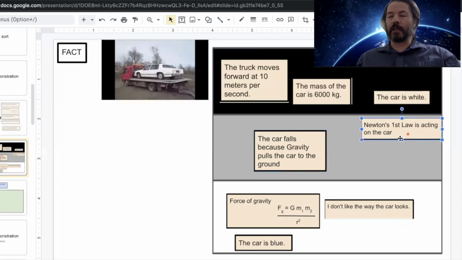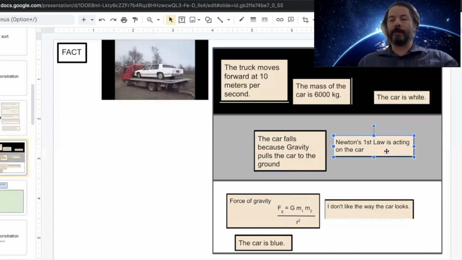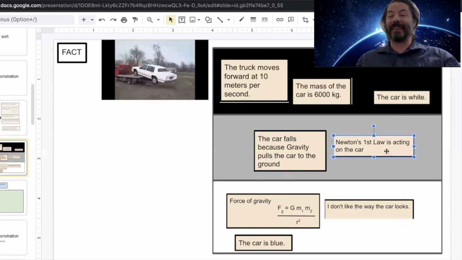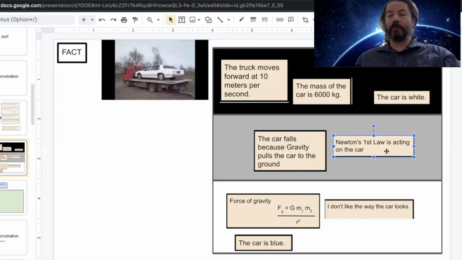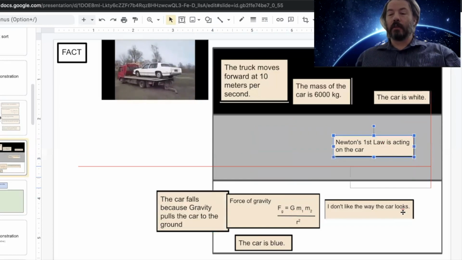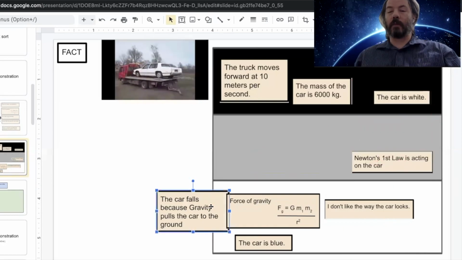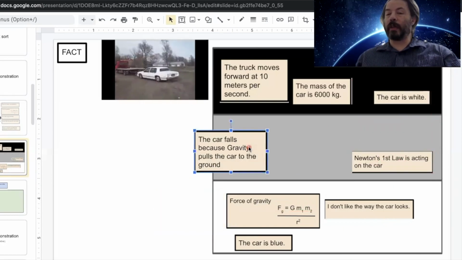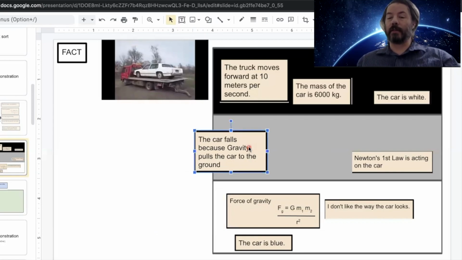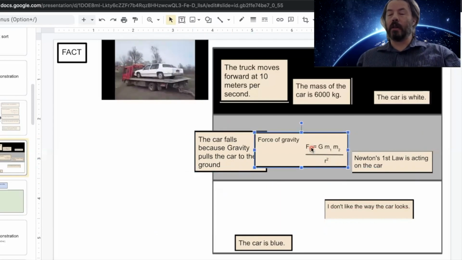So let's go back. I said I was thinking about this one. Newton's first law is acting on the car. My physics brain says, yes, I know that's true, but that's still an explanation. So we could actually probably argue for both of these to go down here. We could also make an argument that they go up here because they are true, but they are not measured realities that have to do with this, which means this might actually go up here as well.